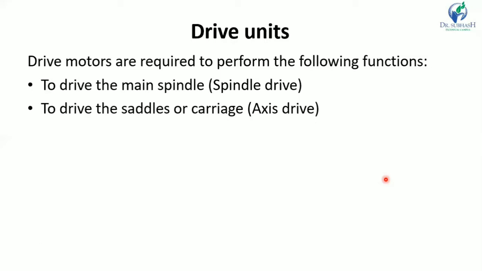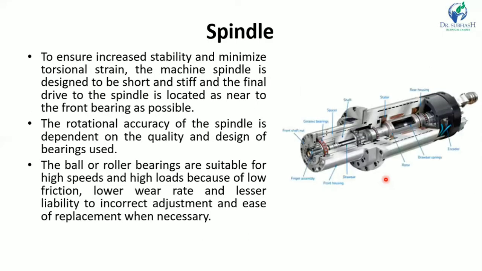The vibration and noise in the spindle can be reduced by using a toothed belt and accurate, balanced gears. Adequate supply of lubricant should be ensured to the spindle bearings. As we discussed, there are two types of drive units, the spindle drive and the axis drive.